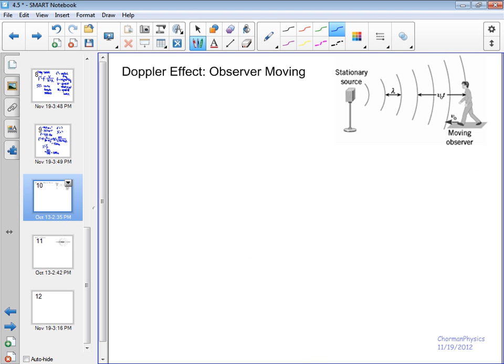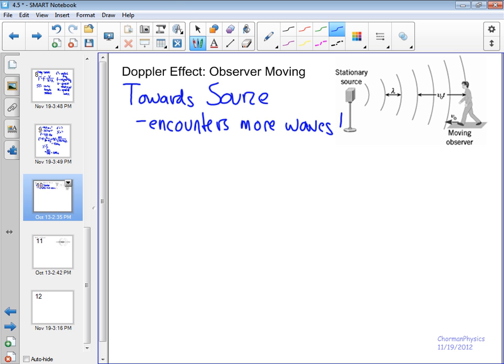So now it's possible to also have an observer who is moving. When an observer is moving towards a source, the observer is going to encounter more waves per second, and what's going to result is a higher frequency.